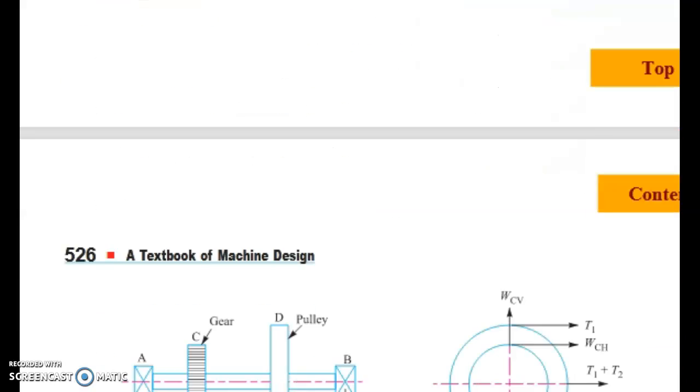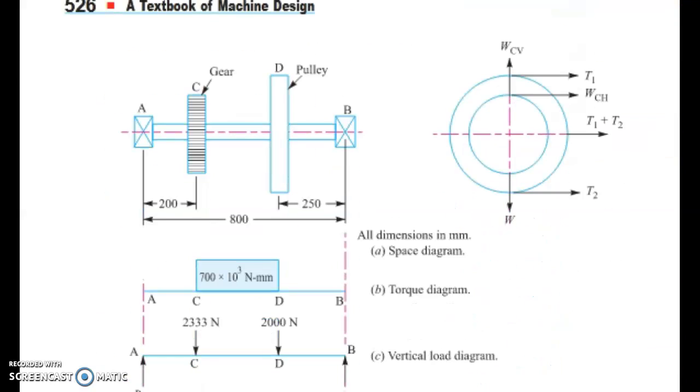Now we can draw the space diagram. This is the space diagram. The distance between A and B is equal to 800 mm. Then we have one gear and another pulley on this shaft. The distance between the gear and the left-hand bearing is 200 mm, as already given in the question. The distance between the pulley and right-hand bearing is 250 mm.